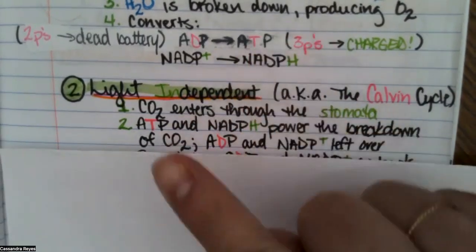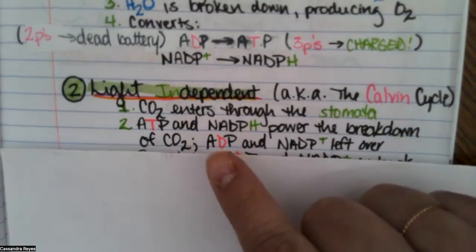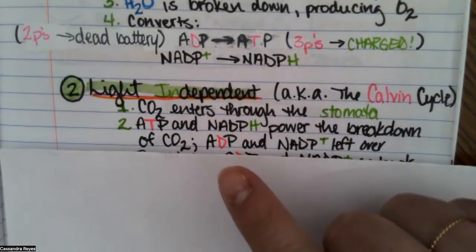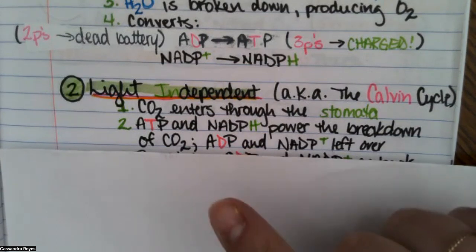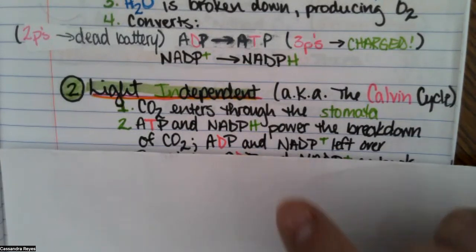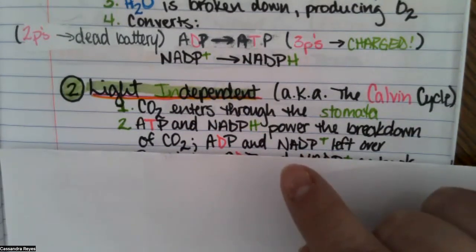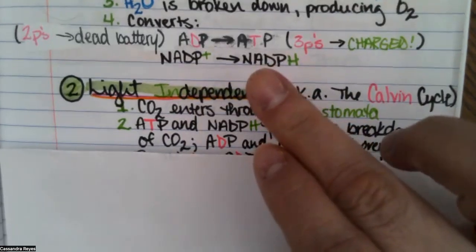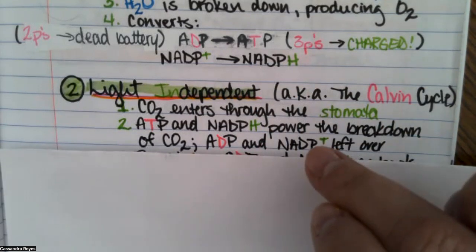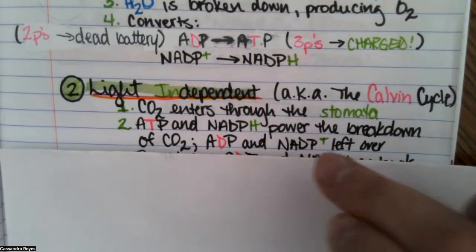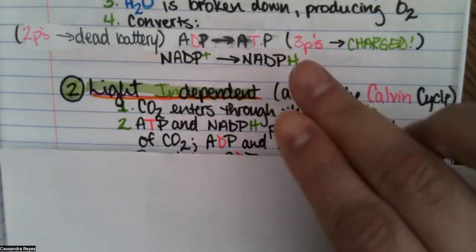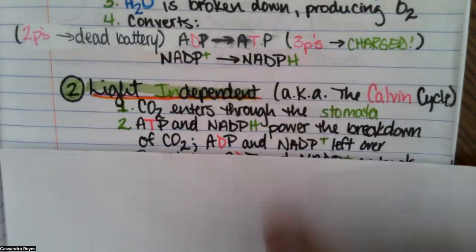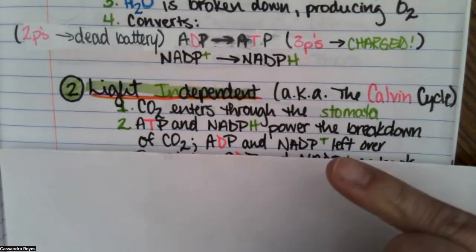So we're going to lose one of those P's, and we're going to go back to ADP, just like an uncharged battery, or a decharged battery, I suppose. And same thing for NADP plus. It starts off NADPH, but it is left over as NADP plus. So again, it's just losing that hydrogen molecule. Okay. All right.